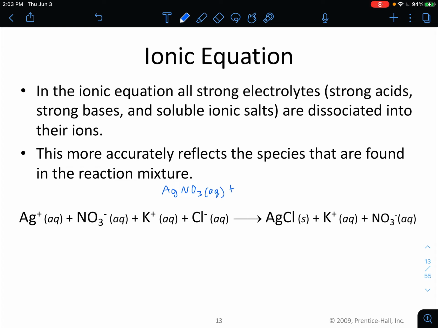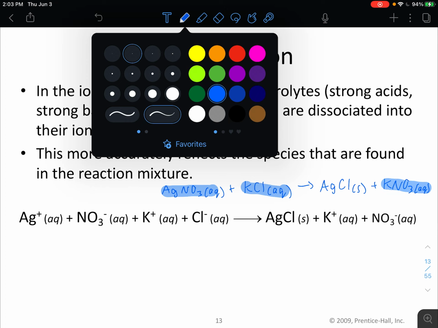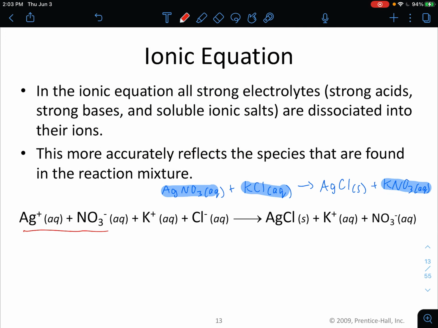Silver nitrate aqueous plus potassium chloride aqueous makes silver chloride solid plus potassium nitrate aqueous. So now for the three aqueous components, we're going to break them up into their respective ions. So silver nitrate, potassium chloride, potassium nitrate. The silver chloride ends up staying the same because it's a solid, meaning it's not dissolving and breaking up into ions. It's staying put as a solid throughout this process.